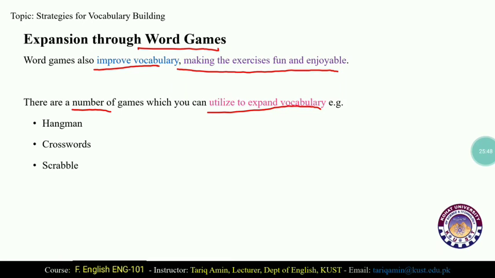And we can expand our vocabulary through a word wall as well. And I've discussed what a word wall is. A word wall is a kind of reading strategy with the help of which you can expand your vocabulary. For example, you have a unit of study. I've just given you the example of cell or psycholinguistics.